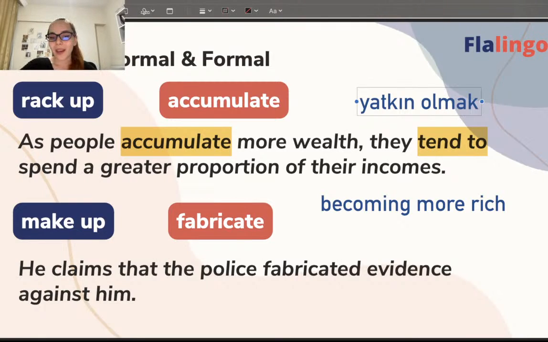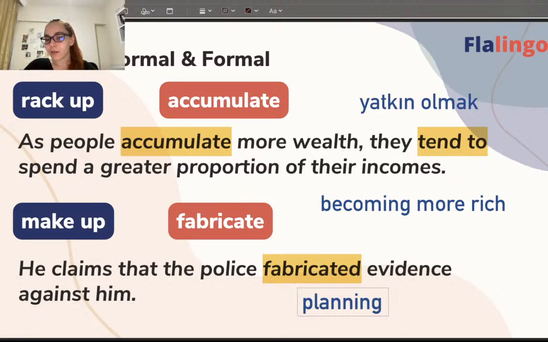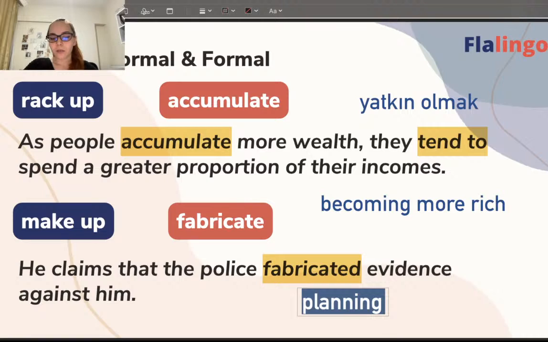Okay, so what is make up or fabricate? He claims that the police fabricated evidence against him. Fabricate in here means planning something bad for someone, or how can I say this? Let's say you're not guilty, but people claim that you're guilty and they are just trying to prove it.